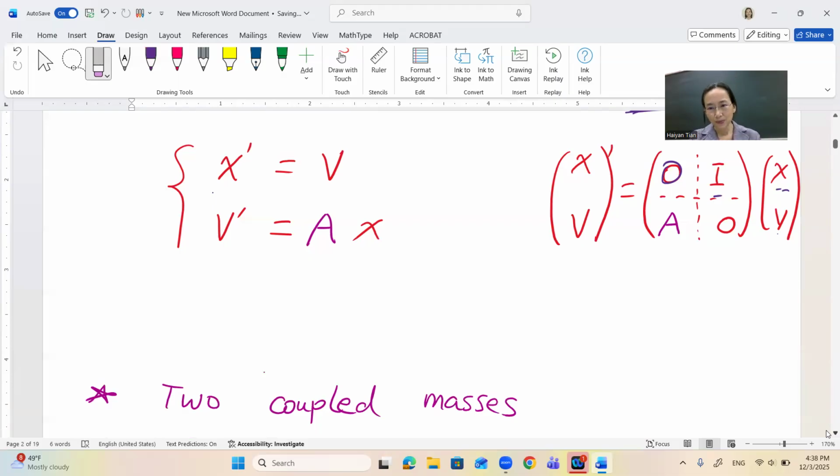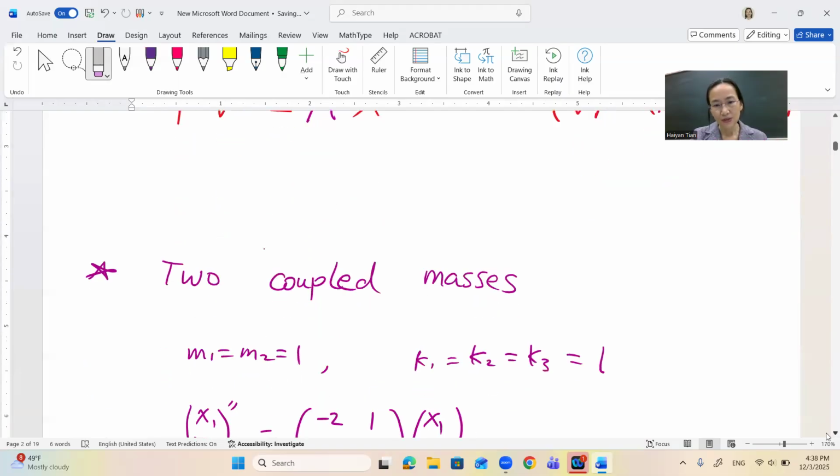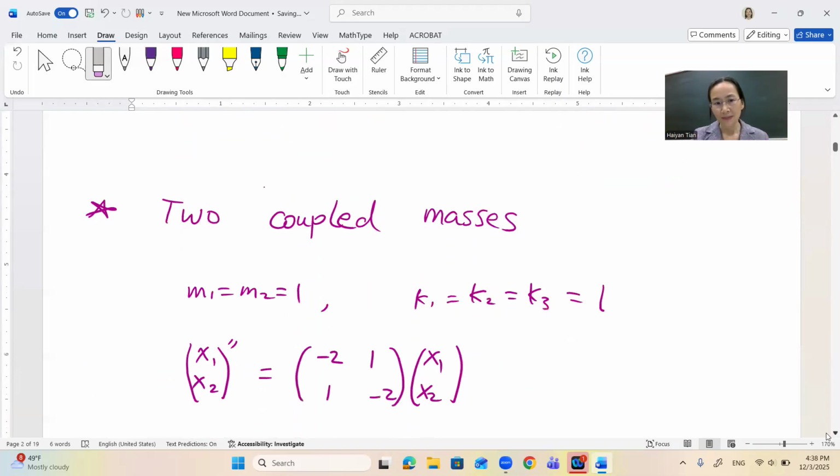So in order to give you a concrete example, I will consider two coupled masses. That is, we have two masses with some assumption to make it simple. Each mass is just one. So they are having the same mass, which is one.